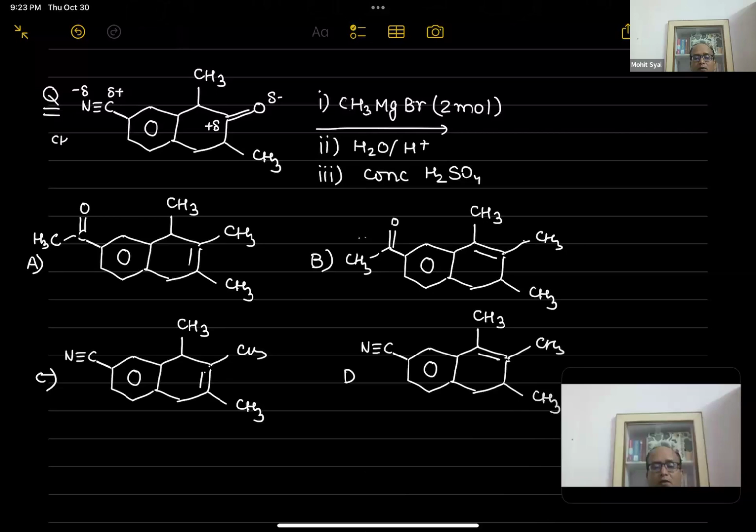Jivita, can you make out which is the right answer? I have given you two options. Answer is either A or B. CH3 is delta minus, right?